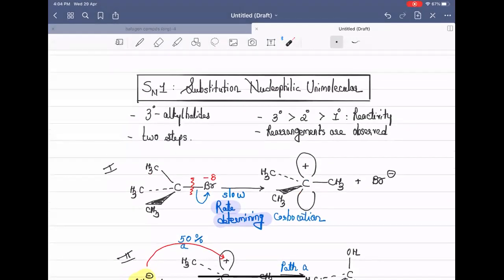So when you have 3 big groups here in a tertiary alkyl halide, nucleophile is not able to go in. Once again, the bond breaks because the cation which is formed is extremely stable. And therefore, there is bond breaking more preferred than nucleophile going here. And that is why this happens, okay?